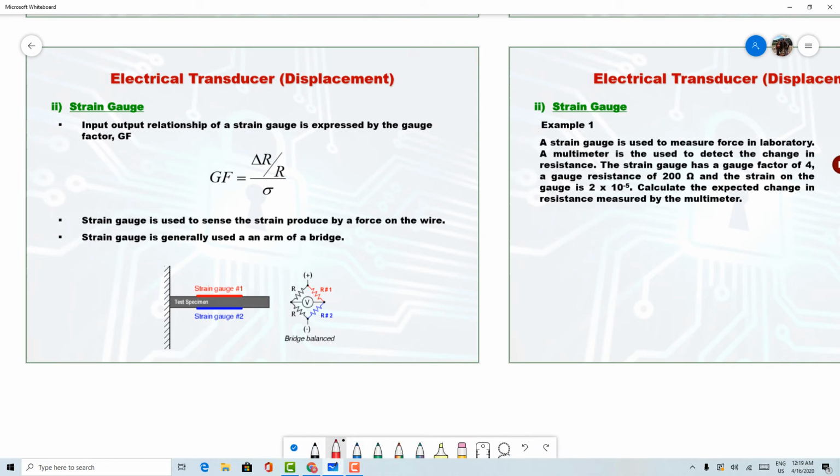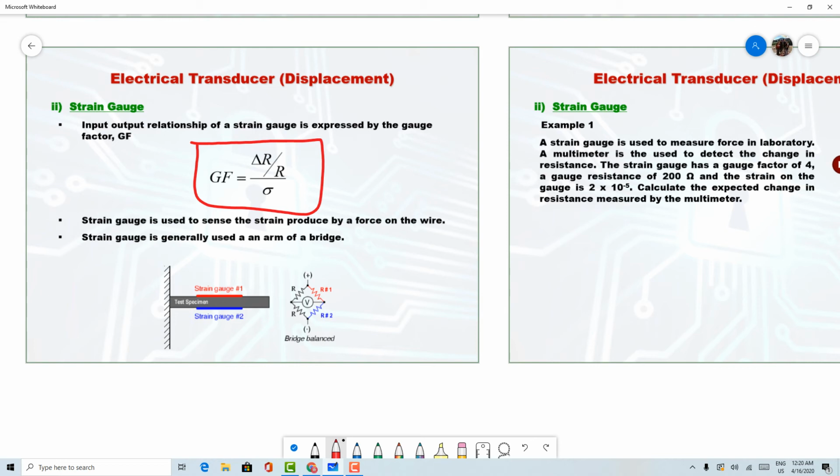The gauge factor is delta R, meaning the change in resistance when we apply strain, over R, the original resistance before we apply strain, and over sigma. What is sigma? Sigma is strain, right?